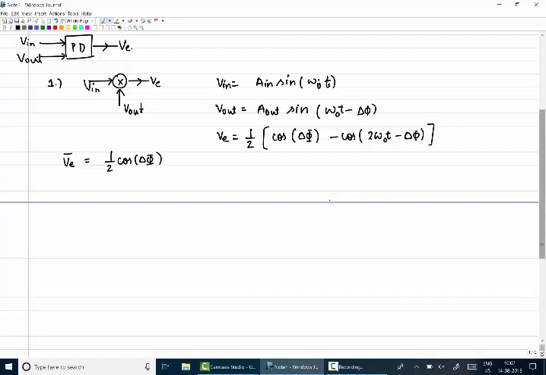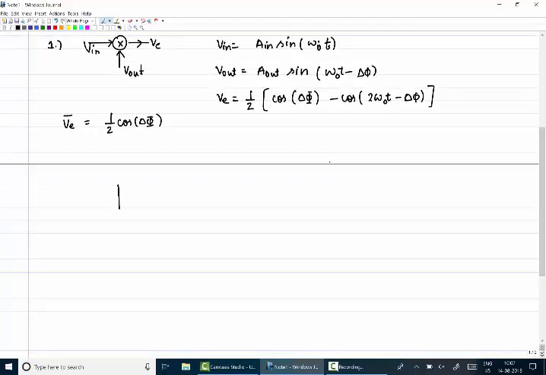Now if you look at the phase error detector output characteristics, you will find this is a cosine function. On the x-axis I am plotting phase error delta phi, and on the y-axis the average of the error voltage.